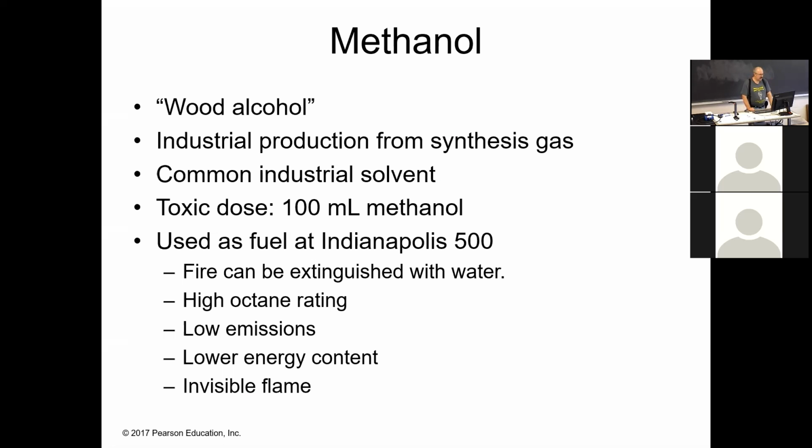The toxic dose is about 100 milliliters. Consuming methanol instead of ethanol can be fatal. If a person doesn't consume enough to cause death, it can also cause severe digestive problems, and also it can cause blindness.